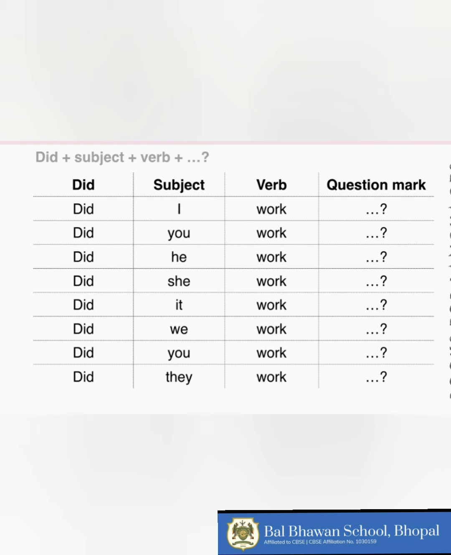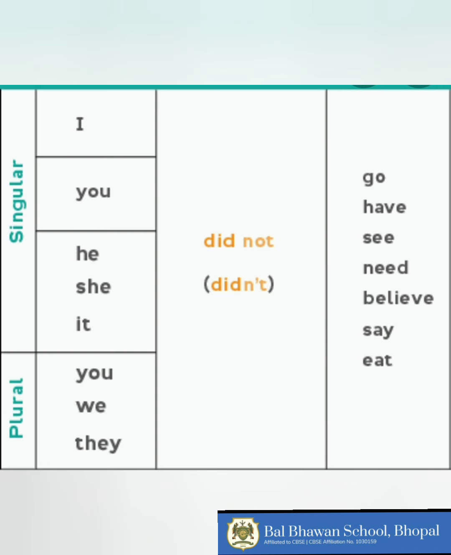When we form an interrogative sentence in the past tense, the verb will not use ed. That means the verb will remain in its base form, like go, have, see, need. Ed will not be added at the end, like I did not go, you did not see, she didn't believe, etc.